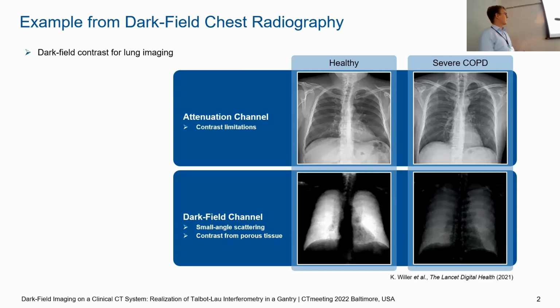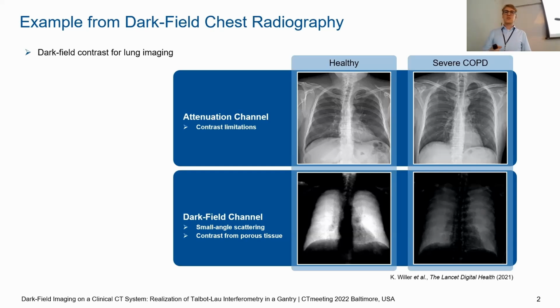But in the dark field channel, we can easily separate these two cases because there we are sensitive to the small angle scattering of the radiation in the healthy lung tissue, which is very porous. And if a lung disease, like for example COPD or COVID, degrades this porous structure, we measure a reduction of this signal, and we can see this here.